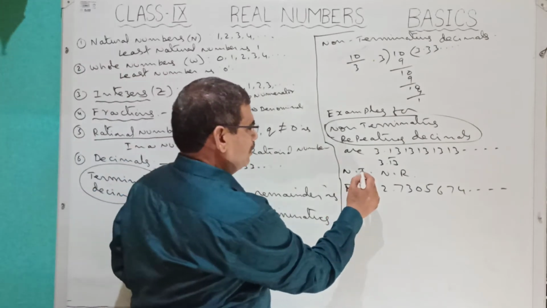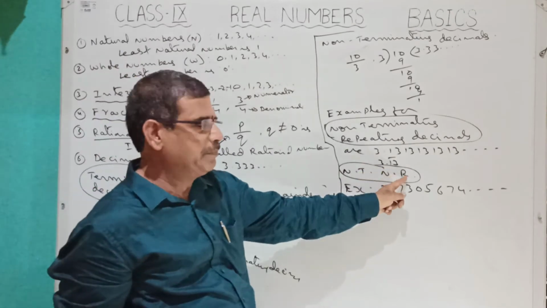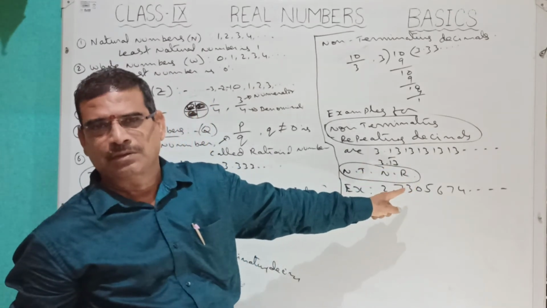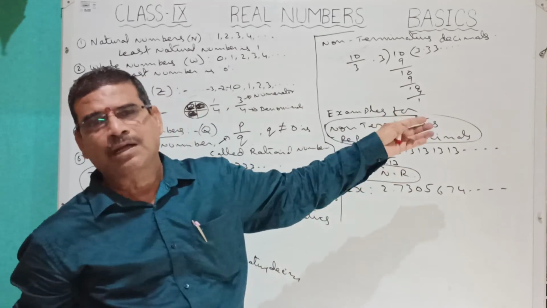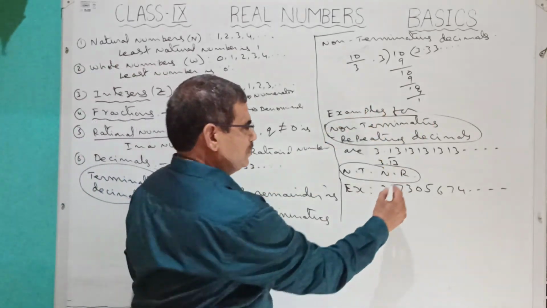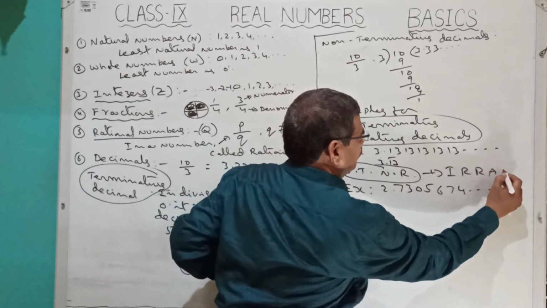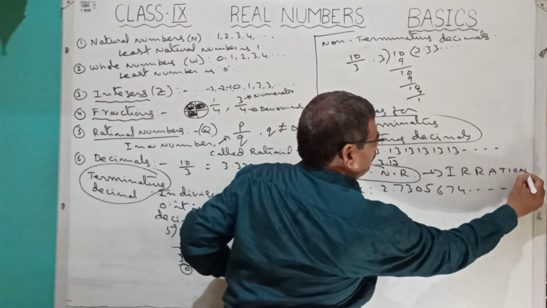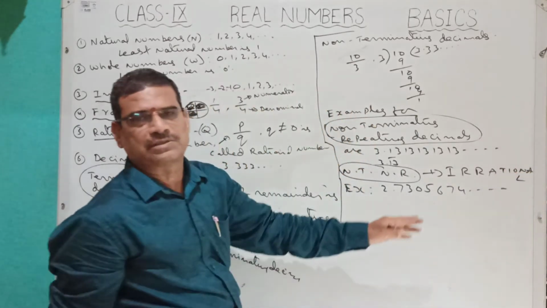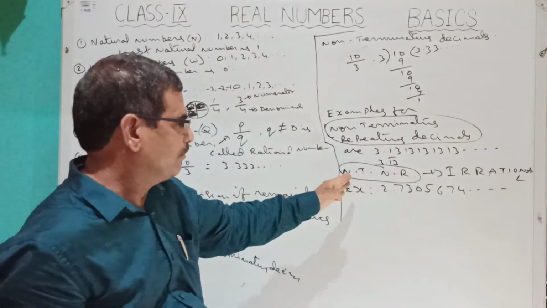What about this one? Non-terminating non-repeating decimal. Non-repeating means non-recurring also. Here also I say non-repeating, but it is also called non-recurring decimal. So this is called irrational number. What is an irrational number?